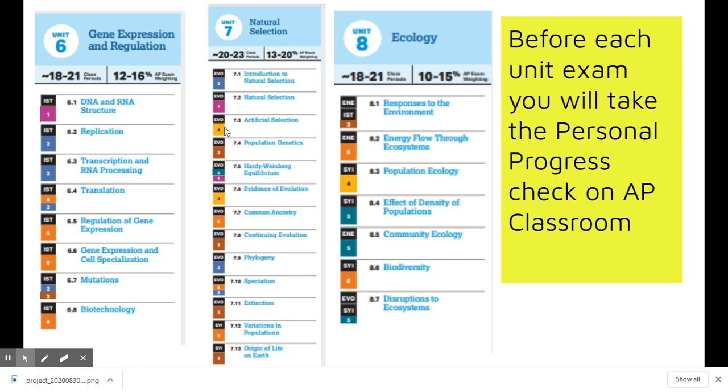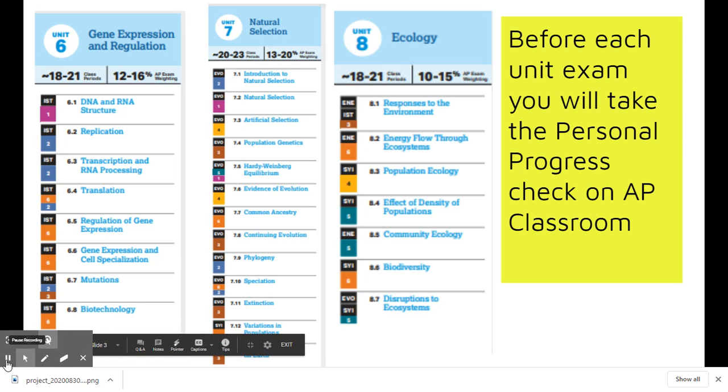There will be what are called personal progress checks on AP Classroom, and they will vary in length, they will vary in types of question based on the unit, but really they're a way for me and for you to assess where you're at. And I do want to emphasize, I will not be grading these personal progress checks. I don't want the stakes to be really high. I want it to be something for you to use as a tool to continue to study and see where you need to go back.